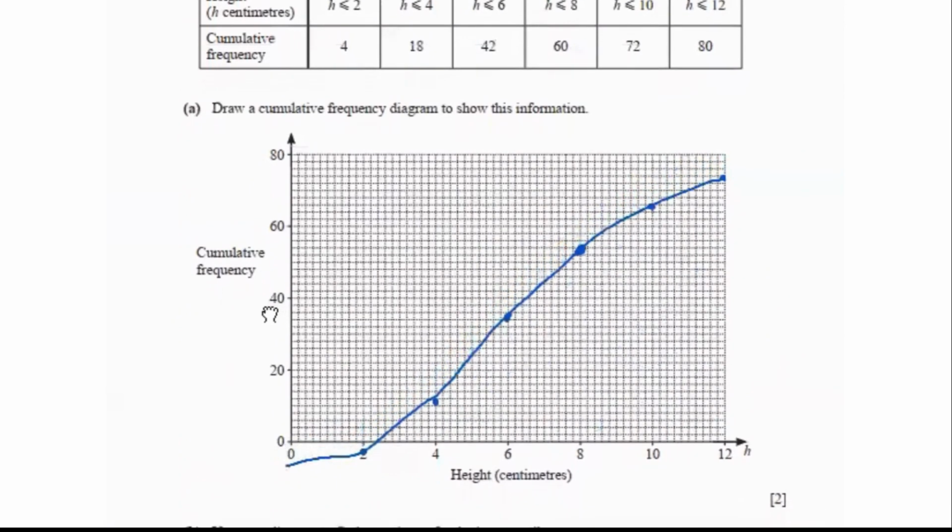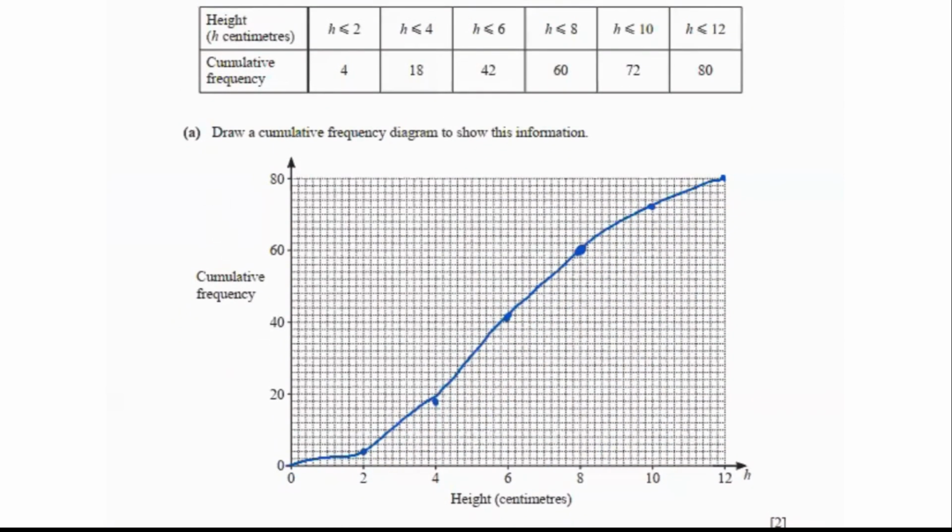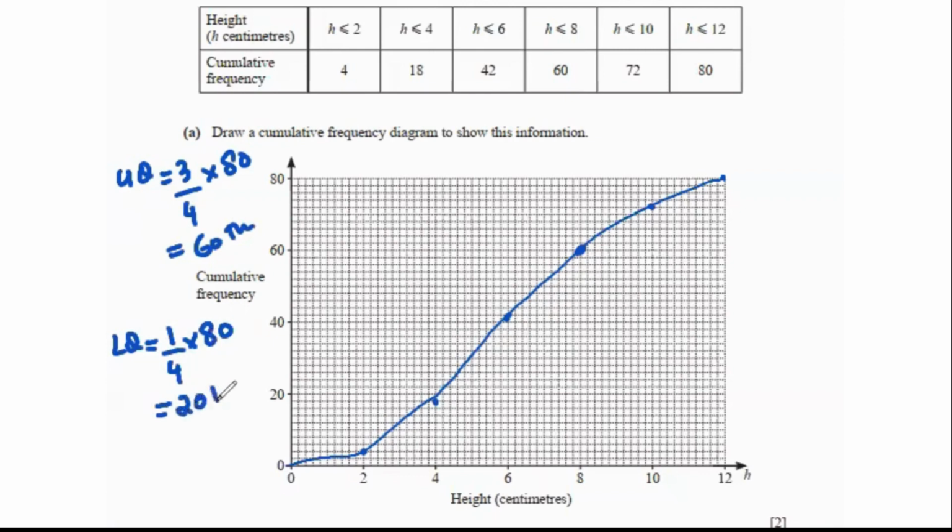So the interquartile range, what we'll do is, we know that the upper quartile is going to be 3/4 of 80, which is basically the 60th value. And the lower quartile is going to be 1/4 of 80, which is your 20th value.